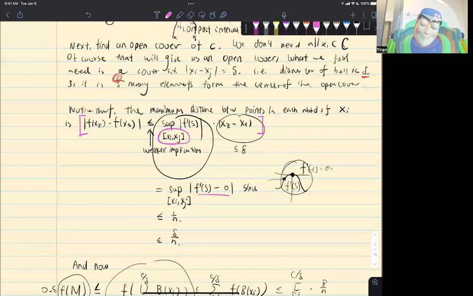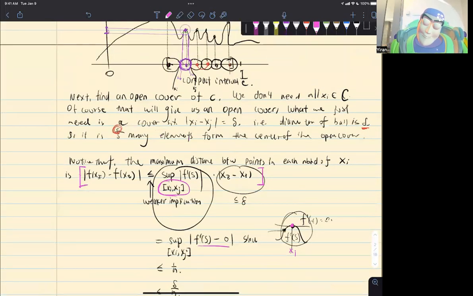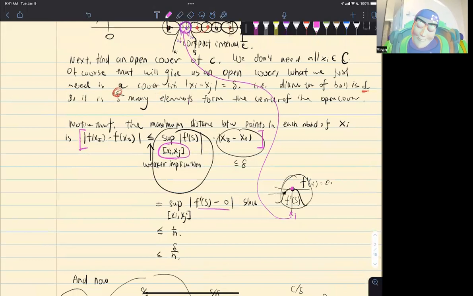So at this point, this is x, corresponding to xi, where xi is this point here. Corresponding to this point xi, the first derivative of f is equal to 0.